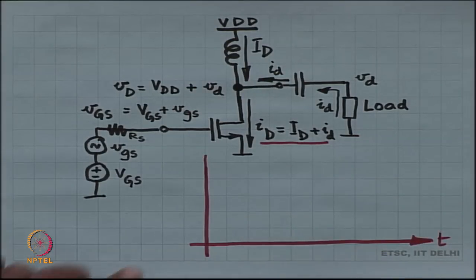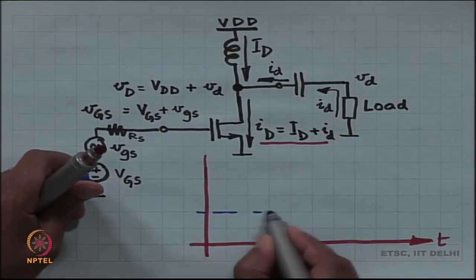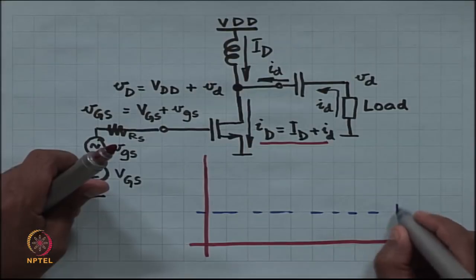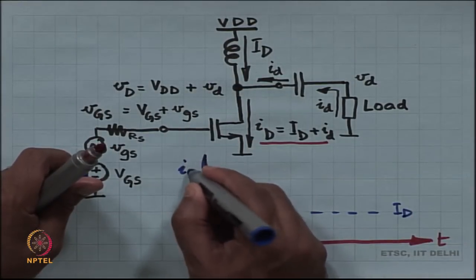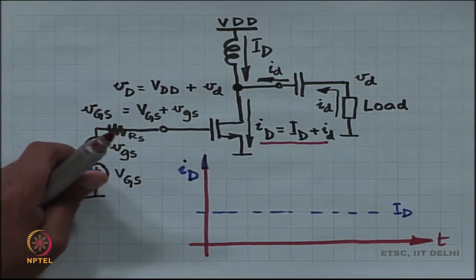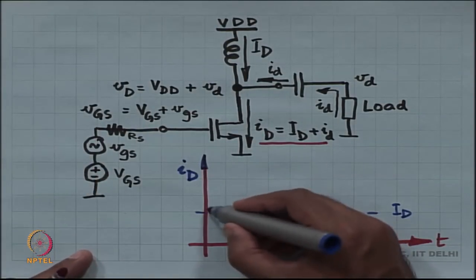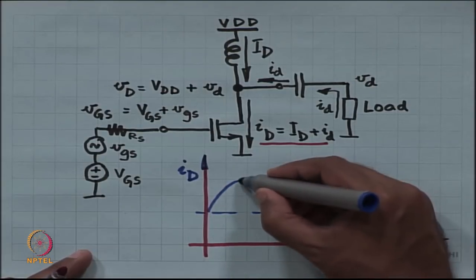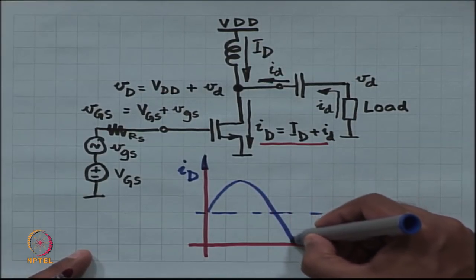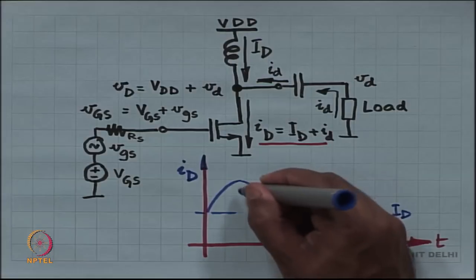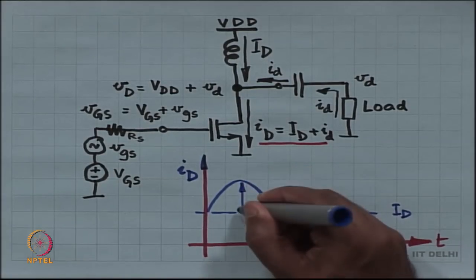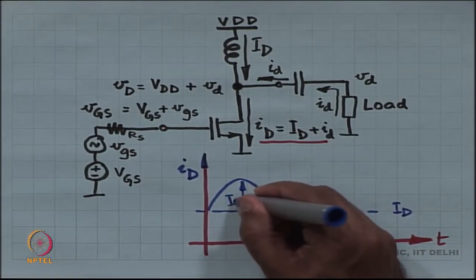So, if you plot, suppose this is capital I_D and I am plotting small i_D, then when I increase VGS, this increases, but when I decrease VGS, this decreases, and the maximum amplitude that I can have is equal to capital I_D.